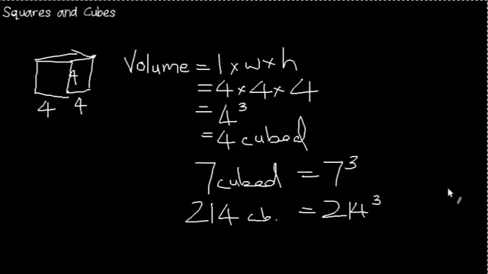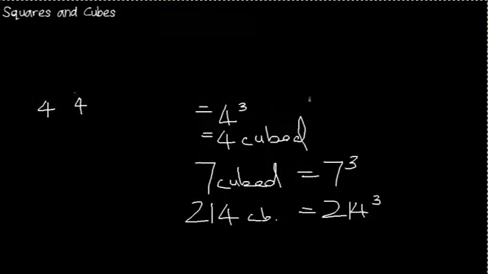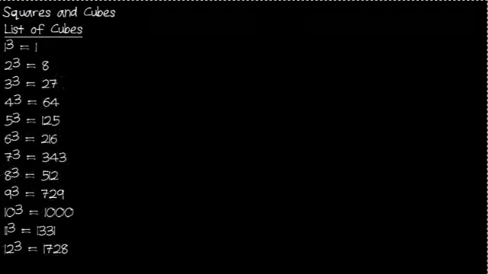And again, we can look at our list of cubes. You can write them out yourself. You can work them out yourself. And when we look at the list, they're going to be just like this. We calculate them the same way that we calculated the list of squares. Only thing, instead of multiplying the numbers by themselves once, we do it twice.